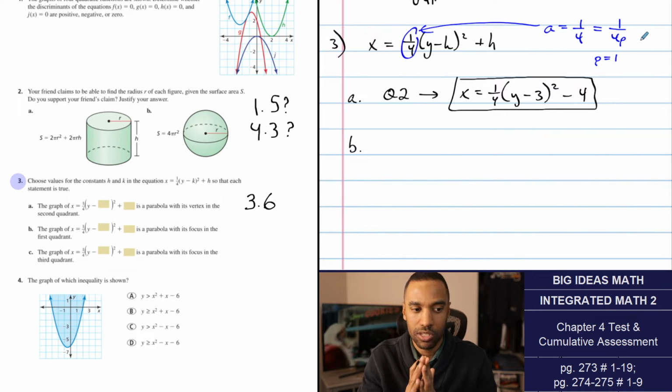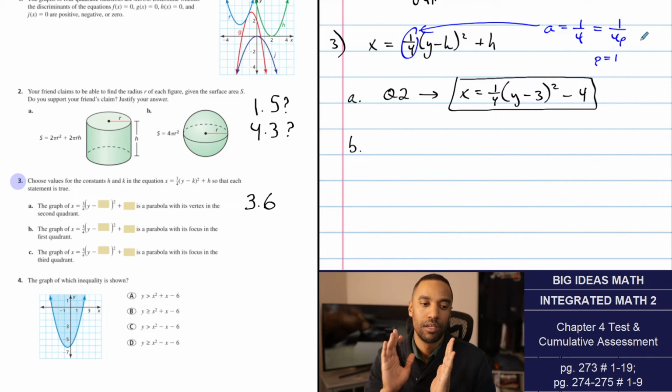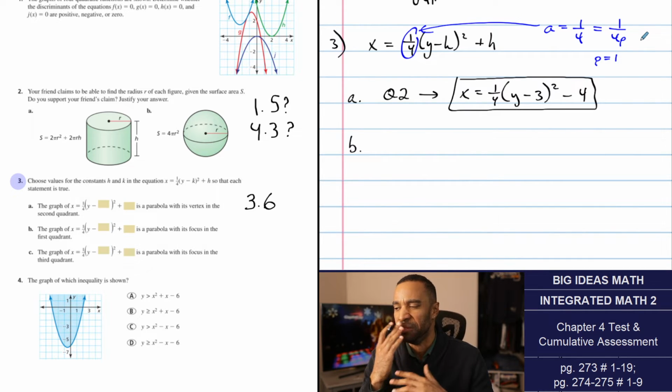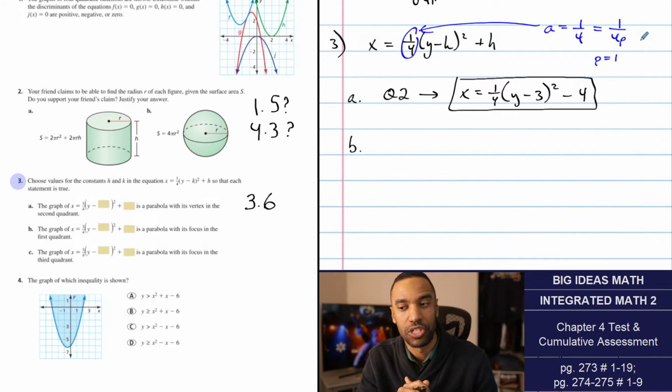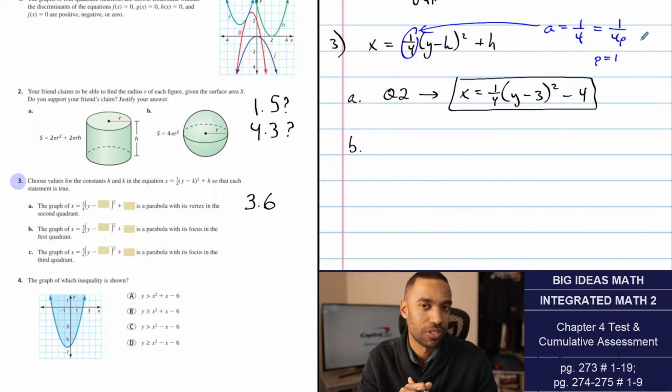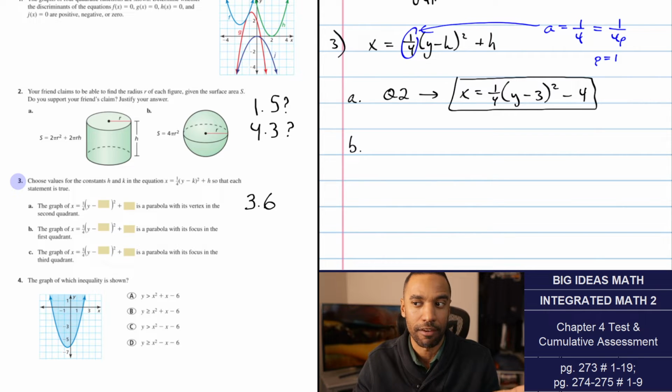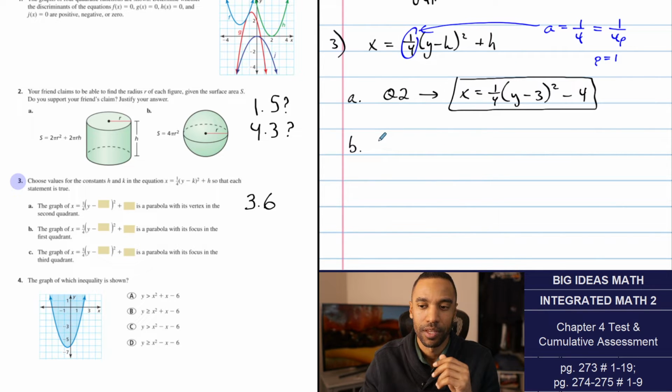So for the focus to be in the first quadrant, it would be really nice to just have the vertex also be in the first quadrant. It's going to be 1 to the right from there.